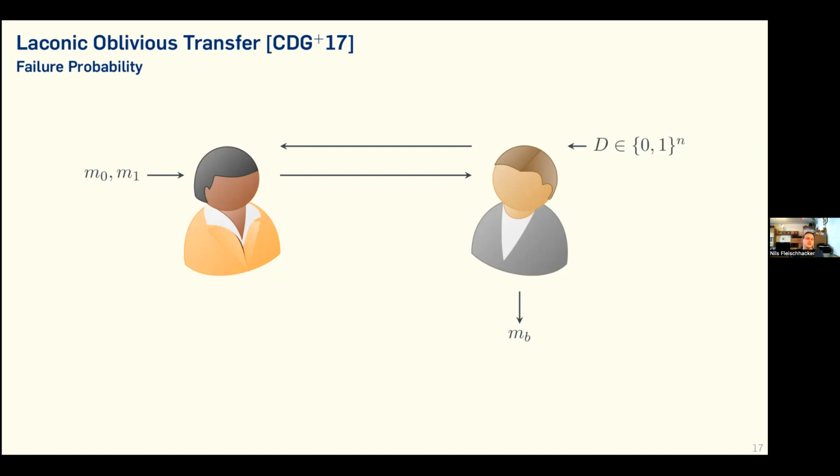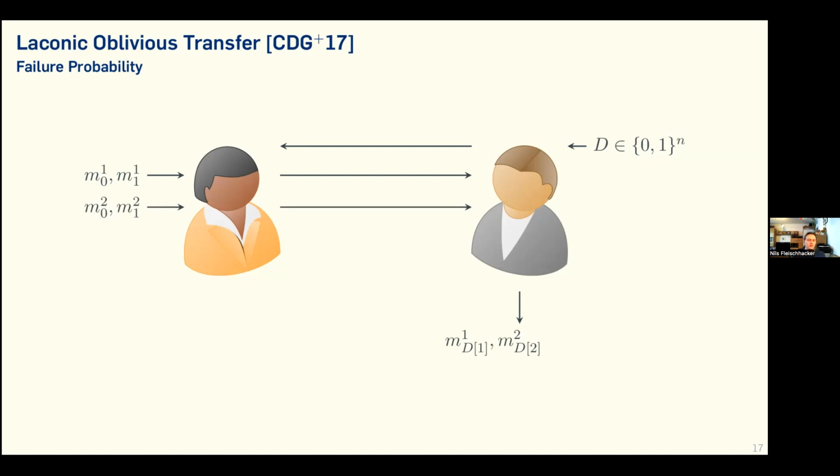And now Alice can take her two messages. Let's say we start numbering them. So we have two messages in the first round. She sends a message to Bob, and Bob learns the corresponding message for this first round, which depends on the value of the first entry in his dictionary. And then when we want to do a second oblivious transfer, we don't need to send both messages.